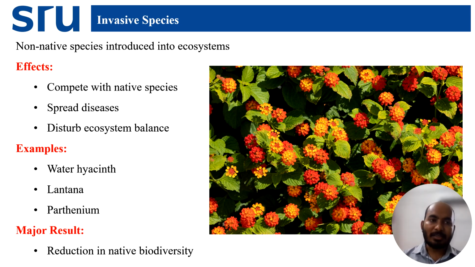Some examples are water hyacinth, lantana, and parthenium. This results in a reduction in native biodiversity because they spread diseases rapidly.